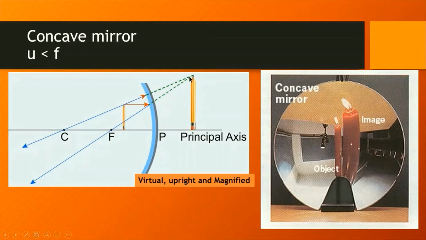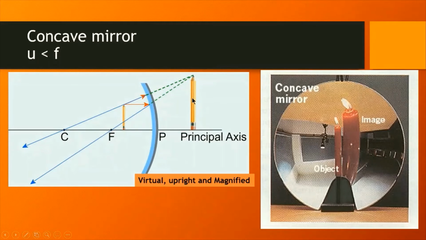They meet inside the mirror, behind the mirror. So the image is formed behind the mirror. This type of image is called a virtual image. And you see that the image is upright, not inverted like what we have seen earlier on. So it is upright and it is magnified.